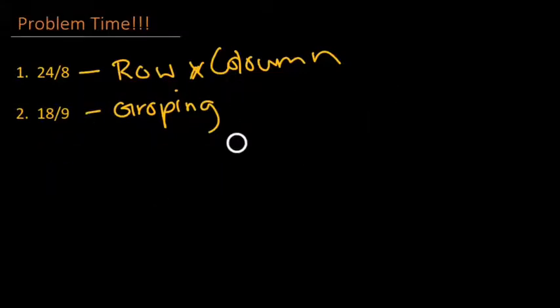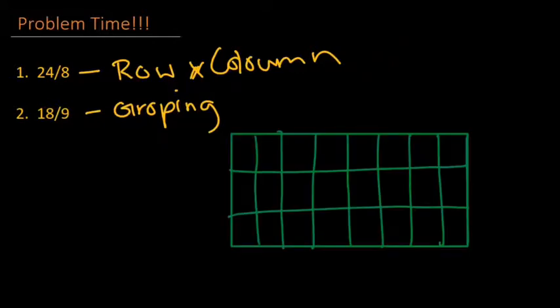So I am assuming that you paused the video and tried these two out. But anyway, let's get started. The first one is 24 divided by 8. And for this one, we have to do the row times column method. So I'm going to draw a little square and make the grid so that we can easily fill it out. Okay, for the row times column method, I have a little grid drawn again. So we're going to see how many are in the row and how many are in the column.